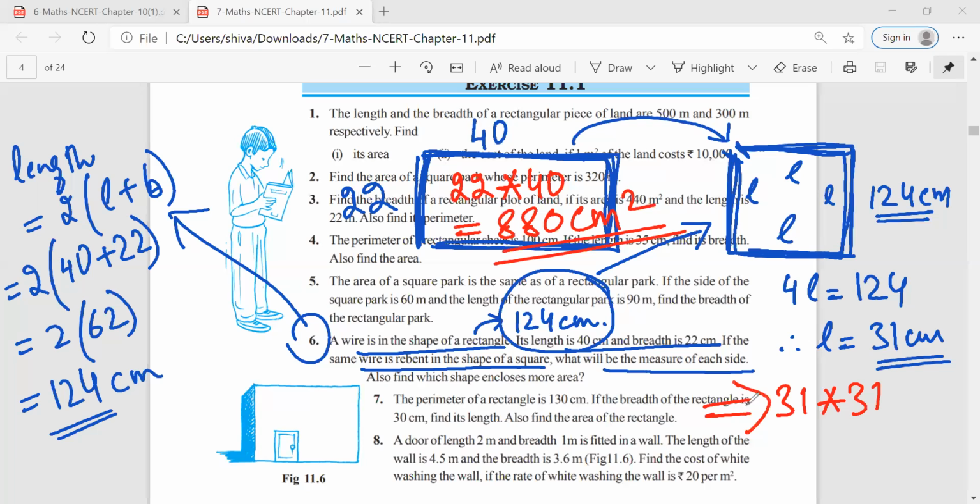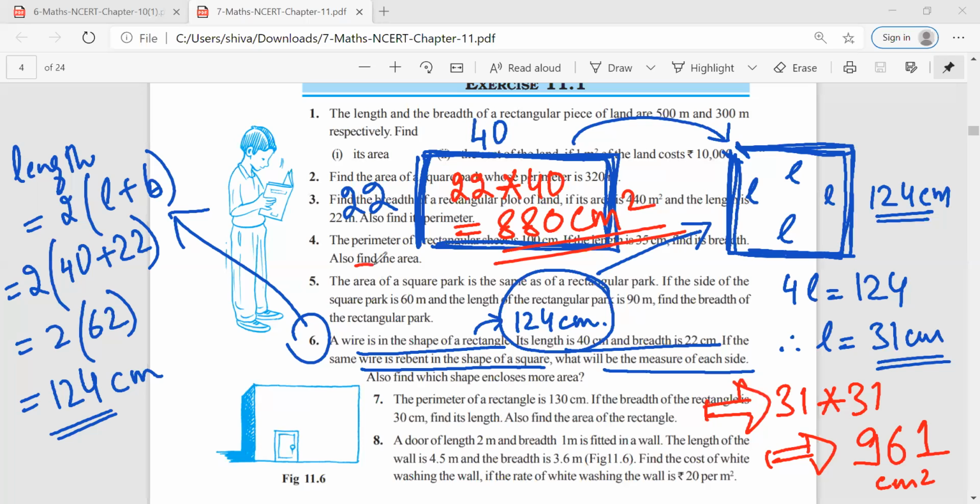Sir, but they will both have equal areas, right? Why would they have equal areas? Because the same wire of the same length is being used. Sir, the area would be different, no? The perimeter would be the same. Why would the area be the same? Oh, I understood. Have you understood? Yes, sir.